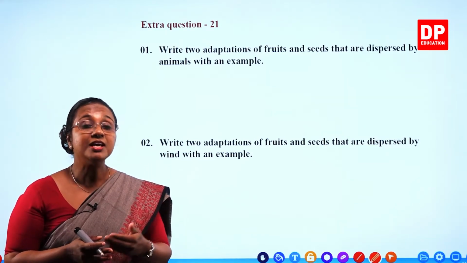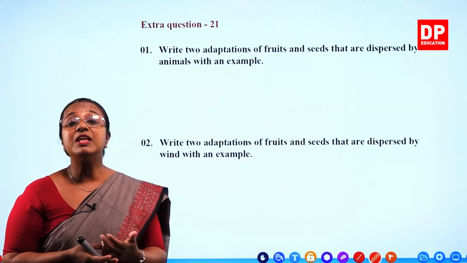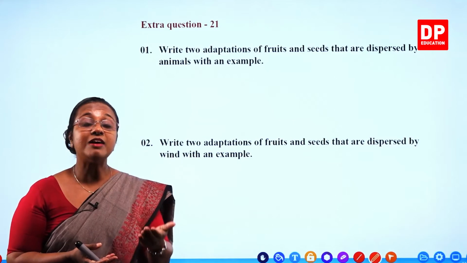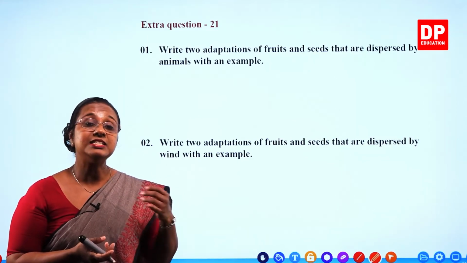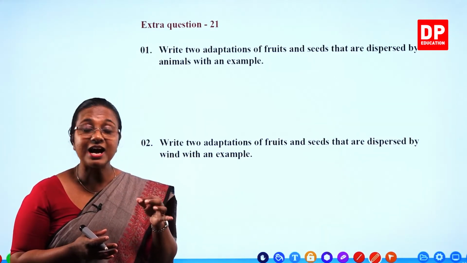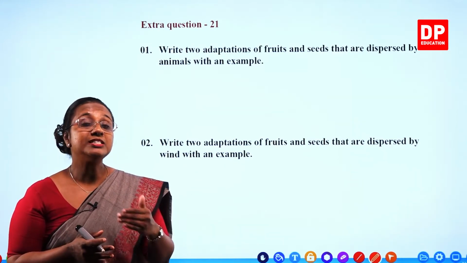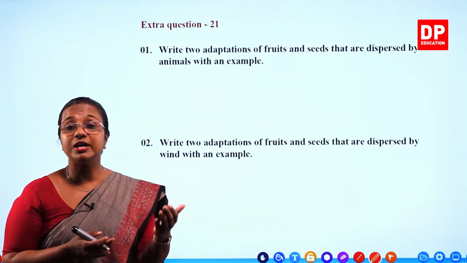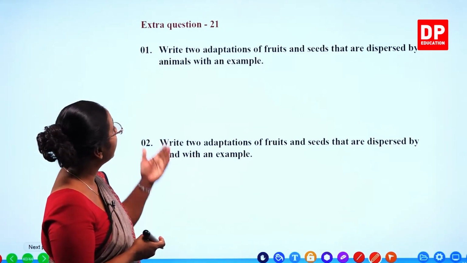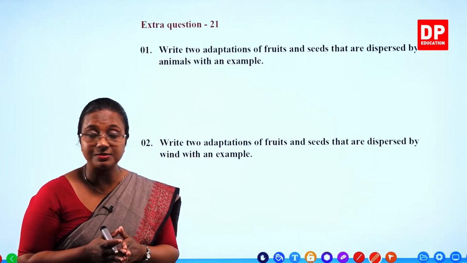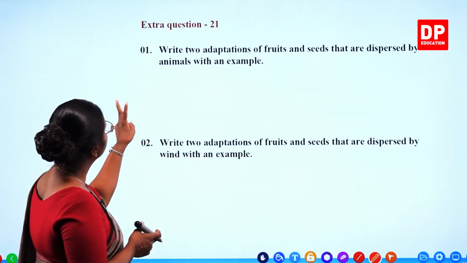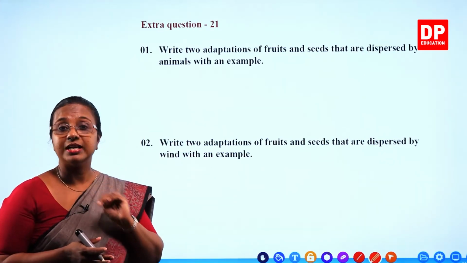Some of them have hair-like structures. Some of them are sticky. You can think of love grass, Tuttiri. So that is sticky, or it has hair-like structures to attach to the body of the animal. So these are some examples or adaptations that are shown by fruits and seeds in order to be dispersed by animals. So they want you to write 2 adaptations.